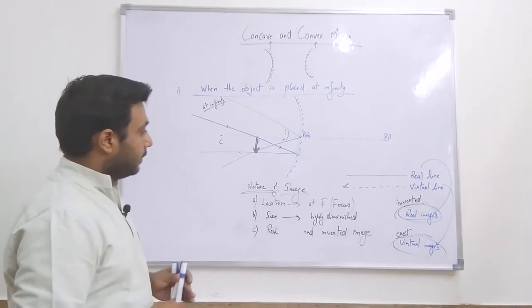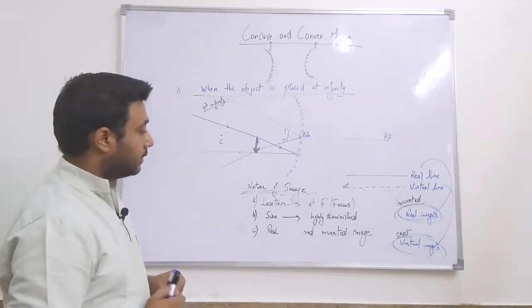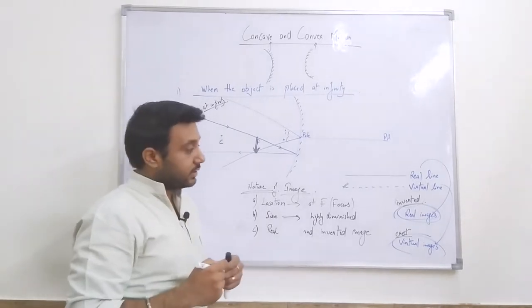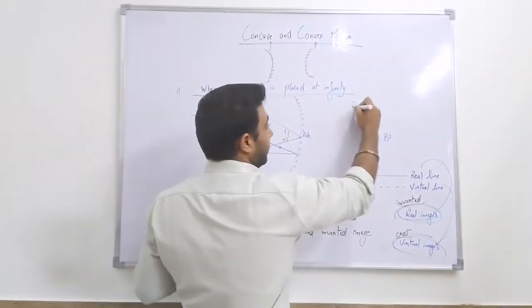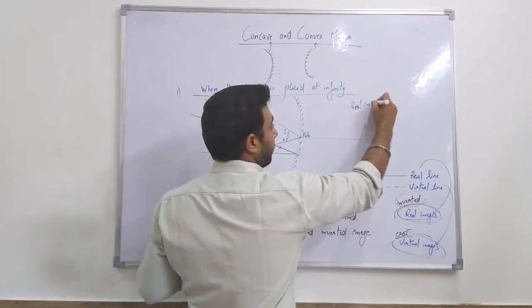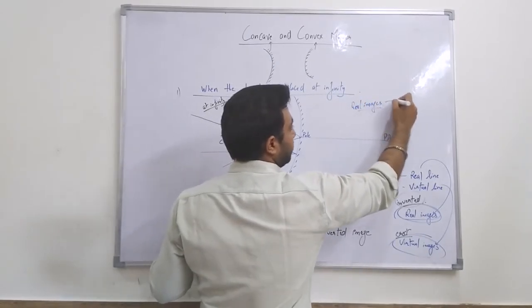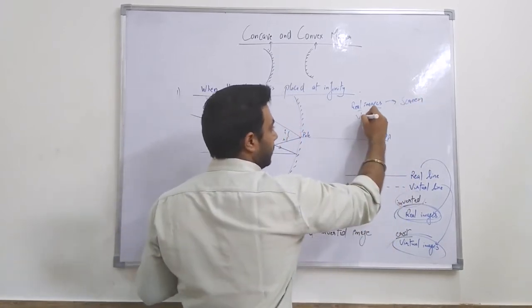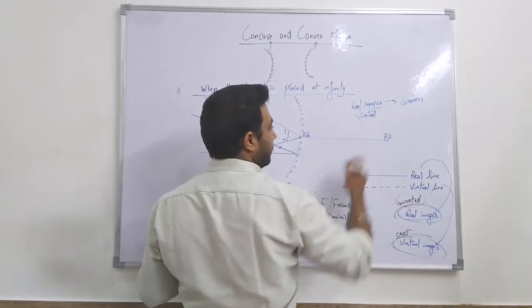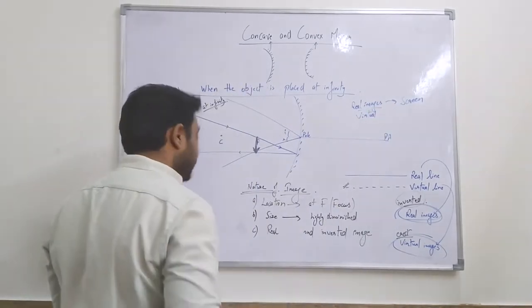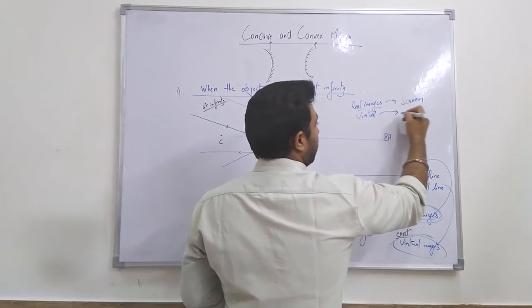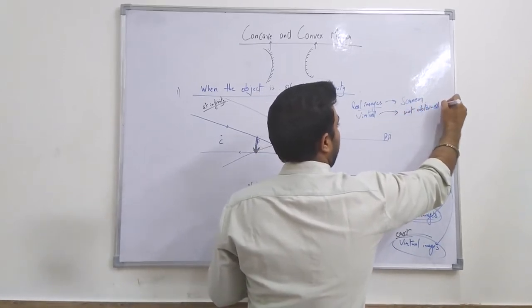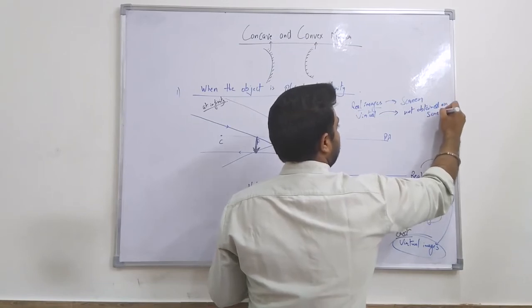Okay, now one more thing. Real images are those images which can be obtained on the screen. Virtual images are not obtained on screen.